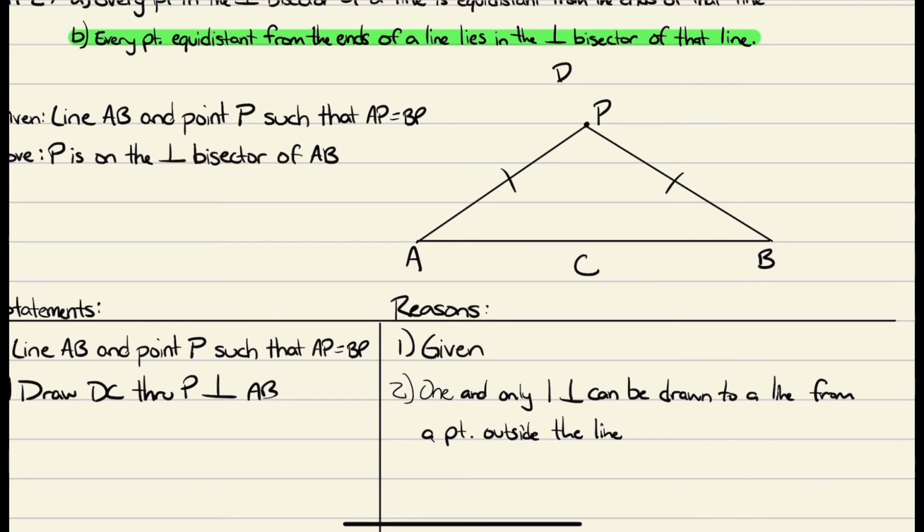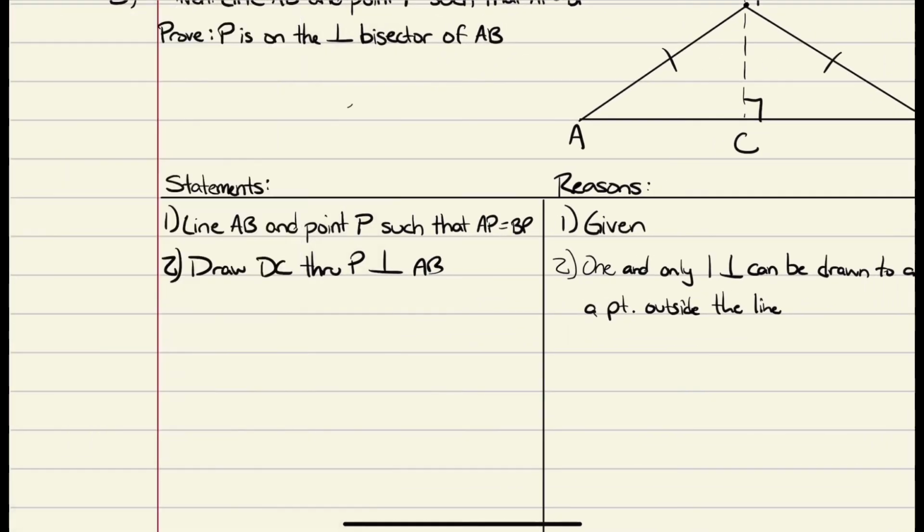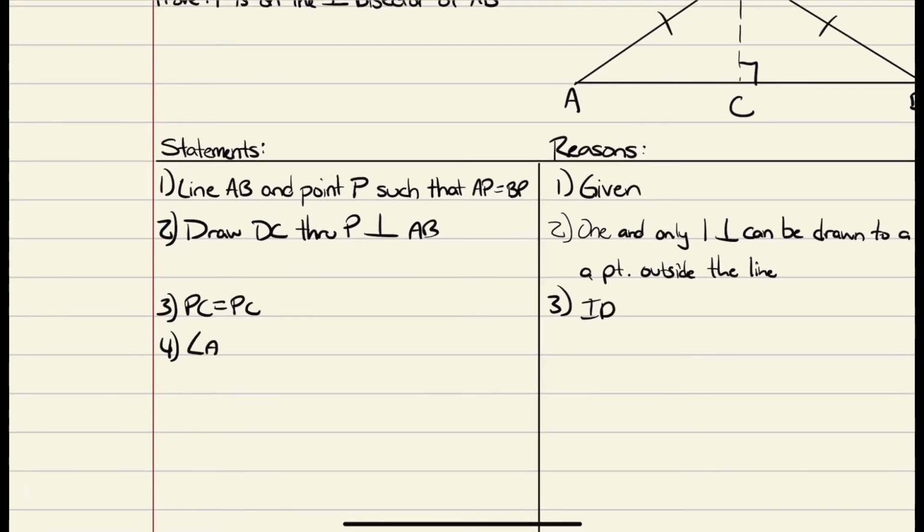And so I'm going to draw my auxiliary line real quick, DC, and we're saying that we're drawing that line perpendicular to AB. Number 3, I'm going to state that PC is equal to PC, obviously because of identity. Number 4, angle ACP and angle BCP are right angles. Definition of perpendicular lines. Number 5, I'm going to state the triangles now are right triangles.